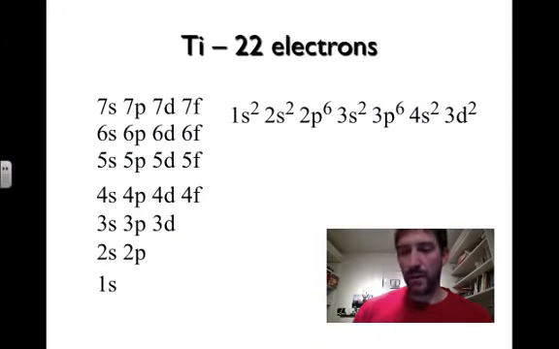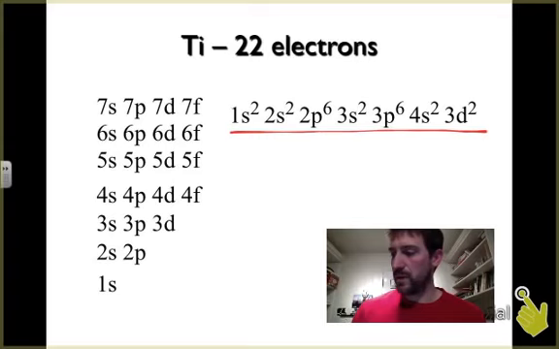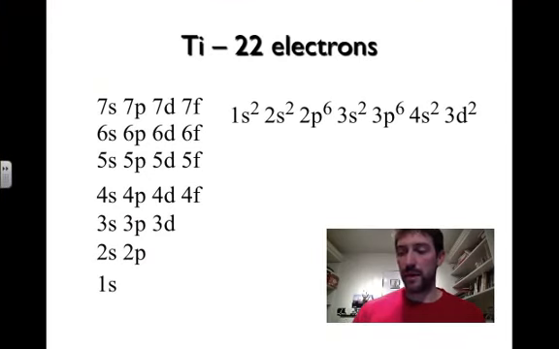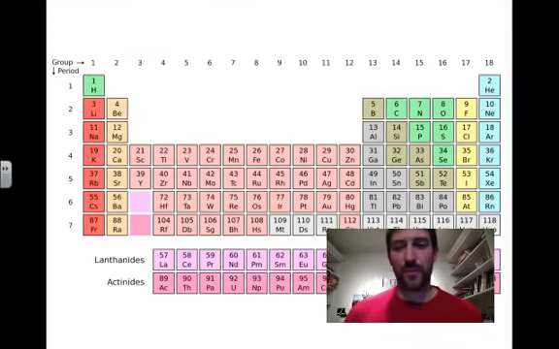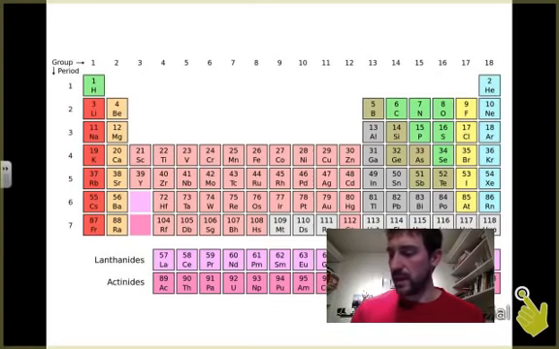Now, if we go back to titanium with 22 electrons, again, this is the electron configuration that we came up with. We've got 22 electrons accounted for. To write the noble gas configuration for that, we have to go back to our periodic table. And we find titanium again. So titanium is right here, number 22.